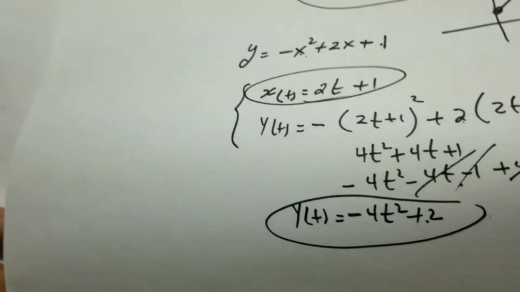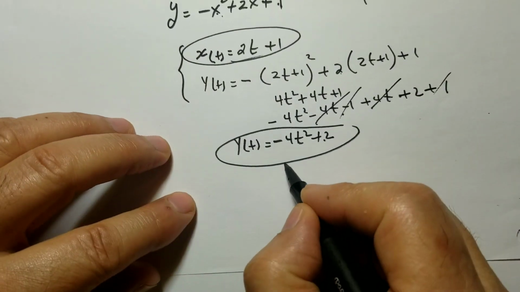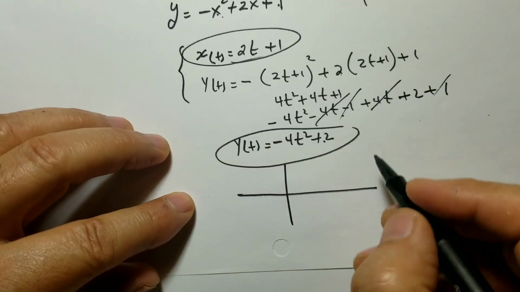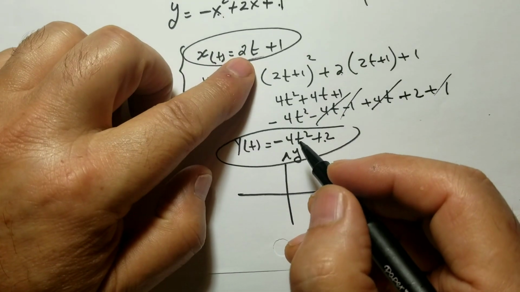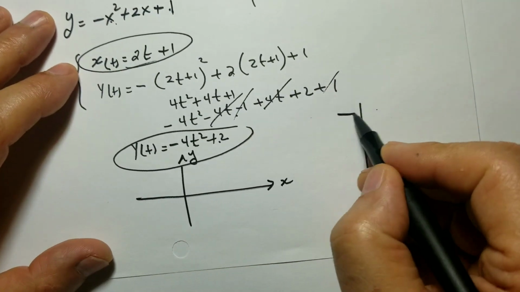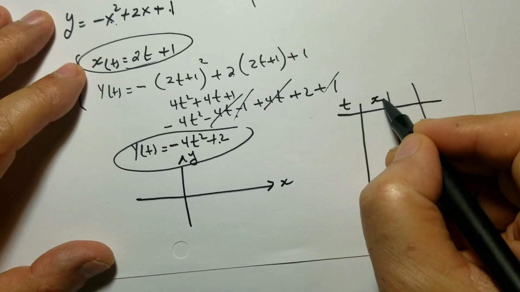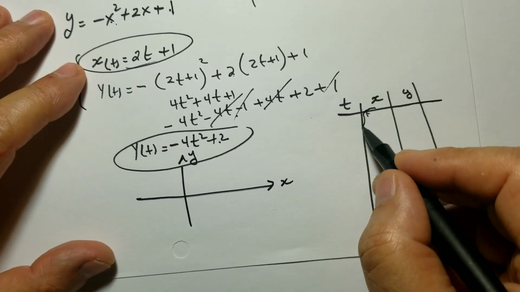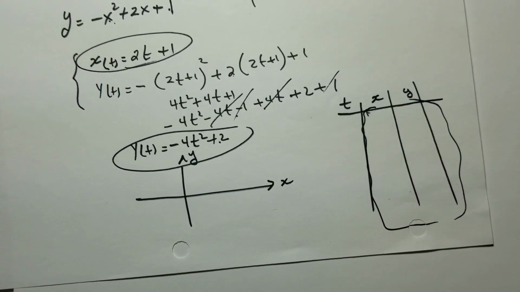Then I'm going to take this pair of equations, and I'm going to graph it. And I'm going to say the graph of this one, this is my x-axis, and this is my y-axis. When t is 0, remember we're going to have 3 vertical bars. One is for the t, one is for the x, one is for the y. But the graphing calculator graphs a set of ordered pairs.